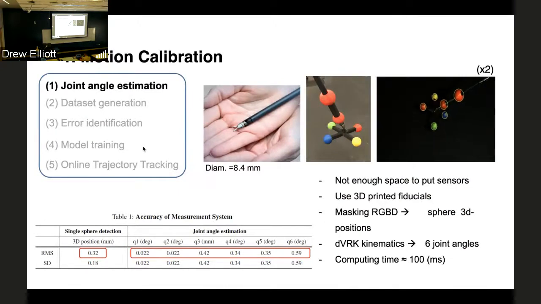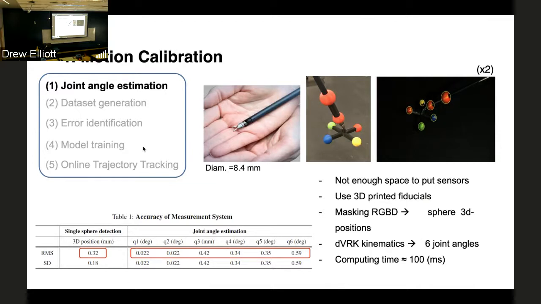On the calibration side, the idea that we tested was, could we introduce artificial fiducials? In this case, there are 3D printed spheres that we colored as well. The nice thing about these is that there's a rough surface, so they get picked up very easily by the RGBD camera.